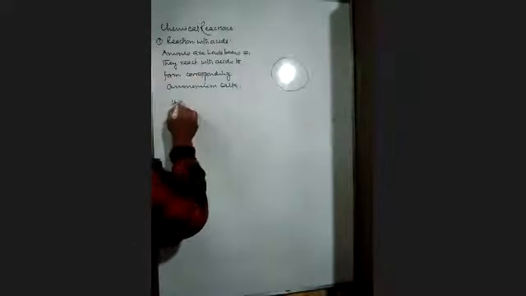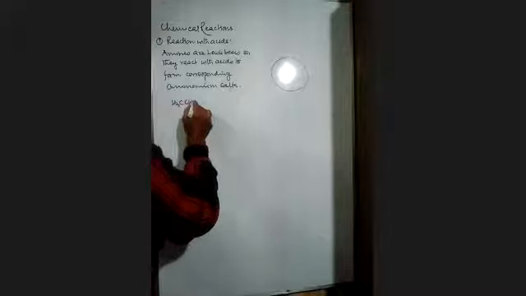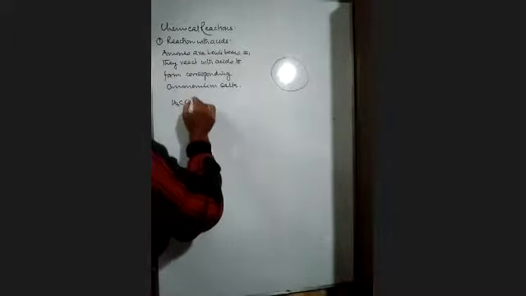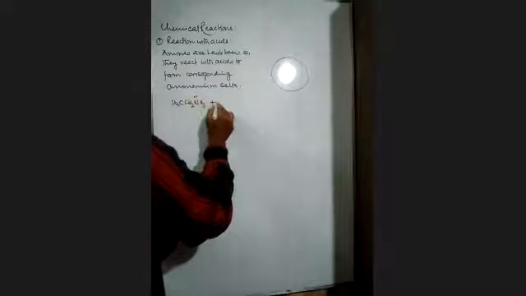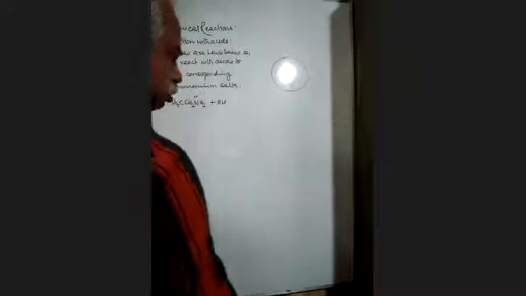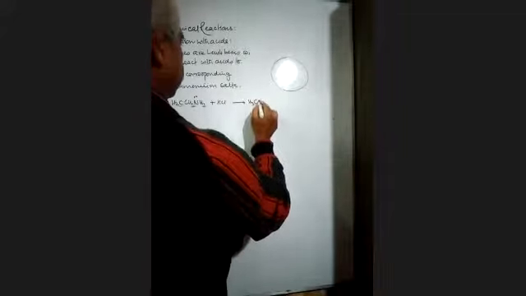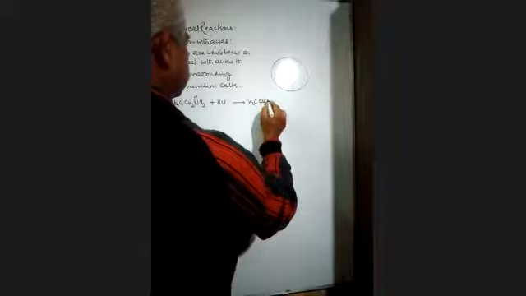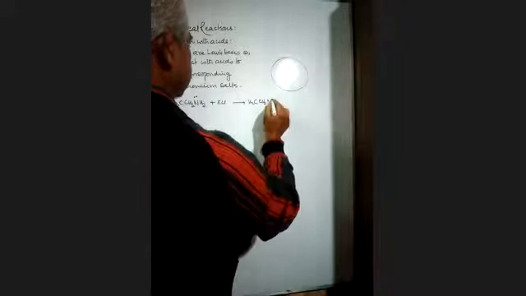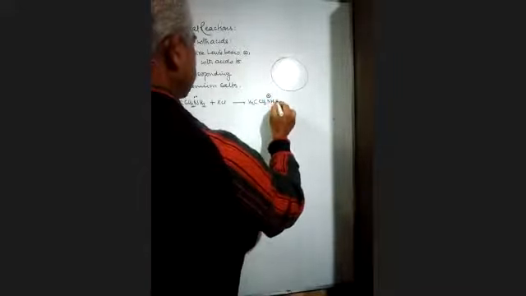Here now. CH3, CH2, NH2. And you added here dilute HCl. What will happen here? You'll get here CH3, CH2, NH3, and it will form salt.